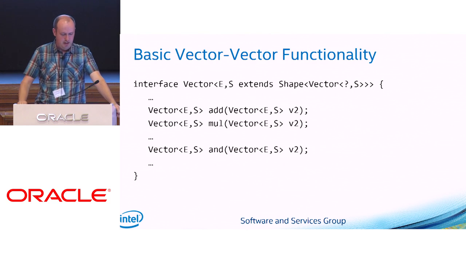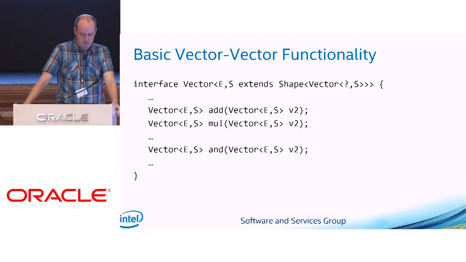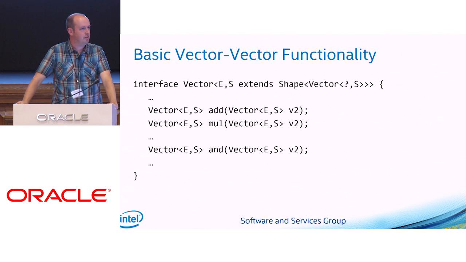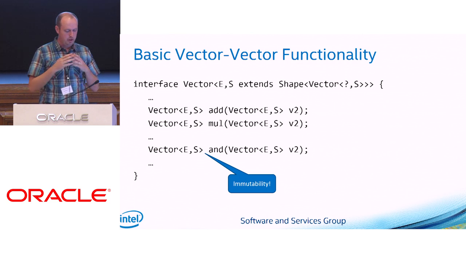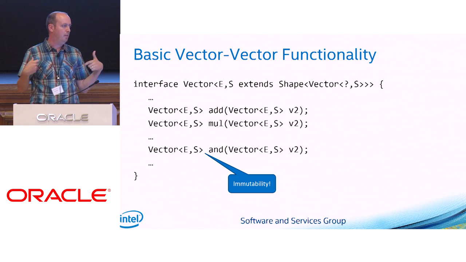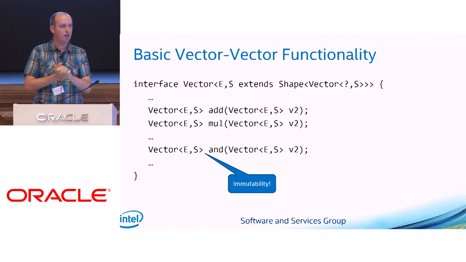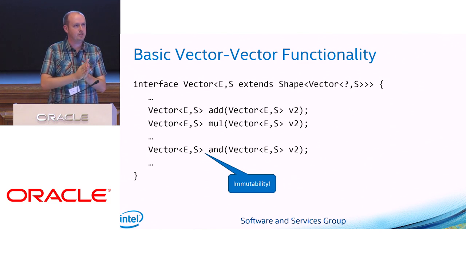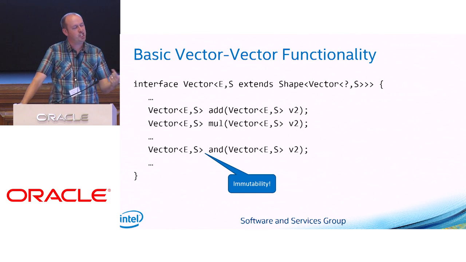The basic functionality is vector-vector operations. You see some of the familiar ones: adds, multiplies, and arithmetic operations on vectors. You have vector A, you have vector B, you add them together, and you return a result, which is a new vector, and it's immutable. That's the thinking right now. The vector objects and the instruction set architectures that we work in are immutable-ish as well.